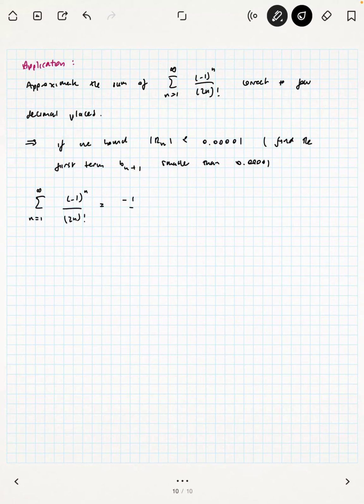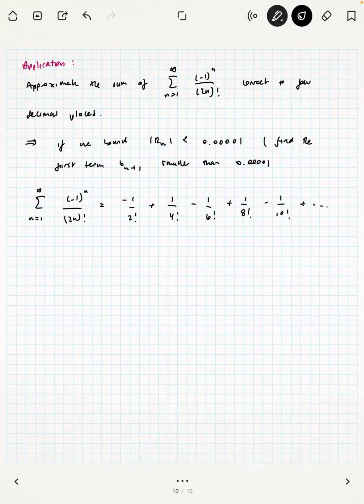The series has the first few terms: negative 1 over 2 factorial, plus 1 over 4 factorial, minus 1 over 6 factorial, plus 1 over 8 factorial, minus 1 over 10 factorial, plus, and so on. I'm going to stop there. And maybe this is enough, maybe it's not. Okay?